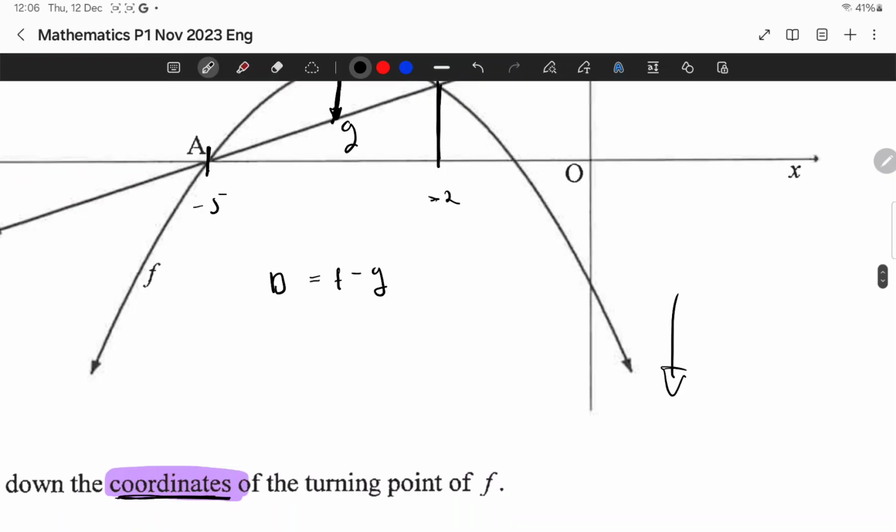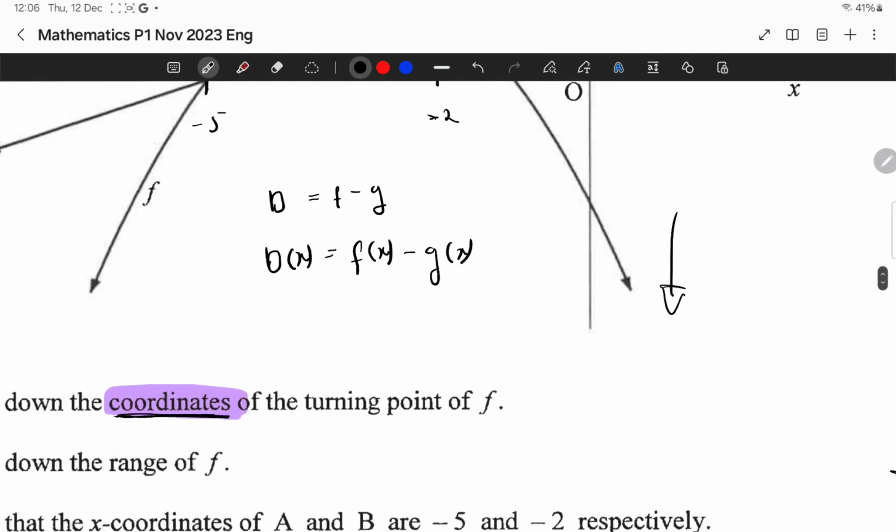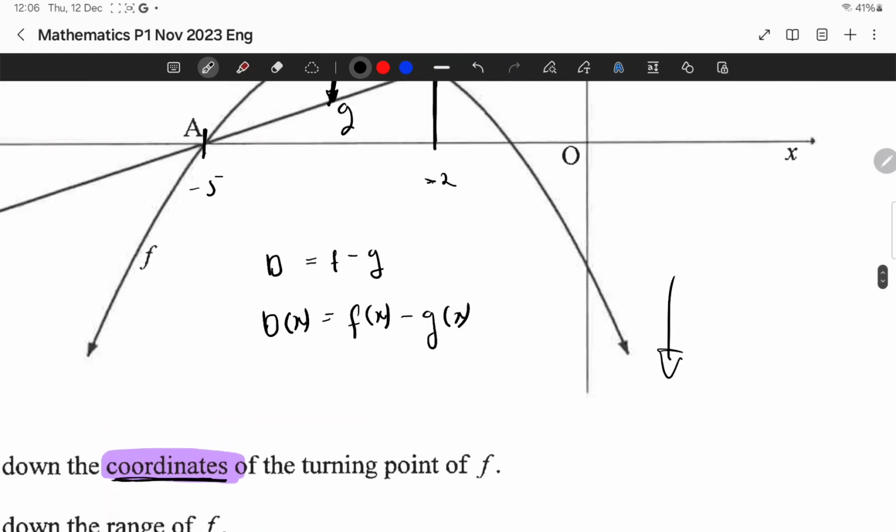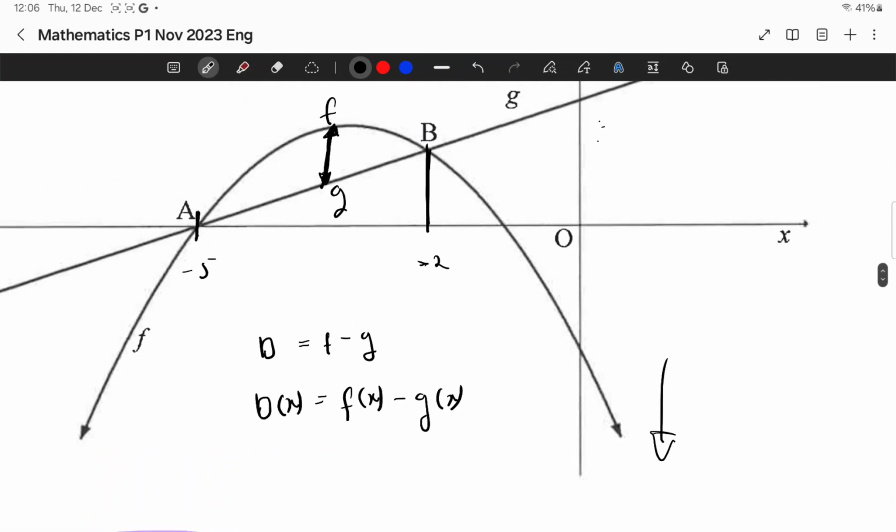Now we're building up the function d. Now we can call that function d of x, because we know that f and g are defined in terms of x. D of x will be equal to f of x minus g of x, right? That makes sense, right? F of x minus g of x gives us the distance between the two.